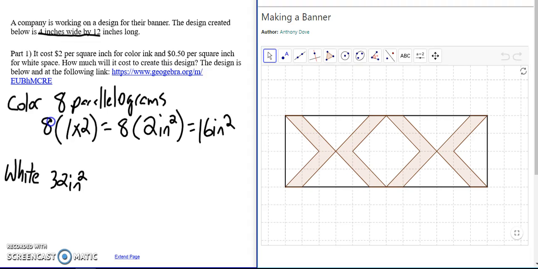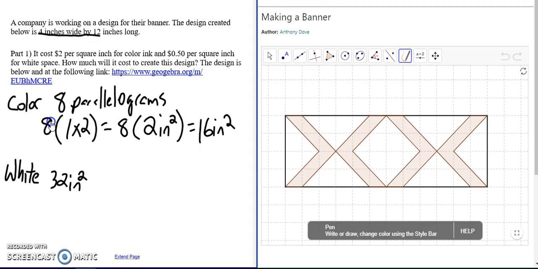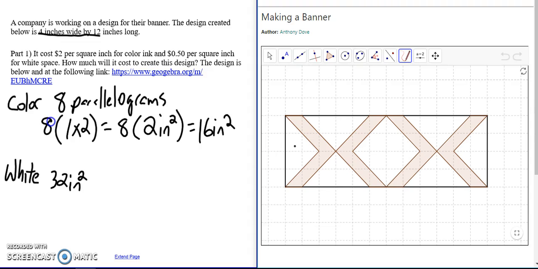Okay, and I can realize what I have is a whole bunch of triangles here that are also identical. So 1, 2, 3, 4, 5, 6. And if I draw the line down through here, 7, I have 8 triangles that are identical.